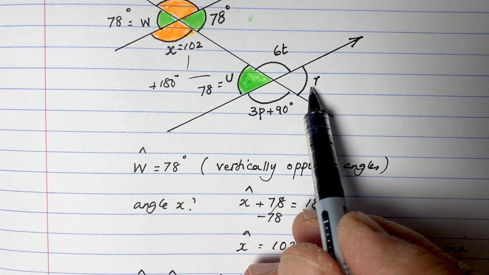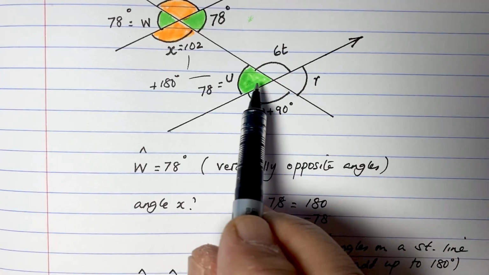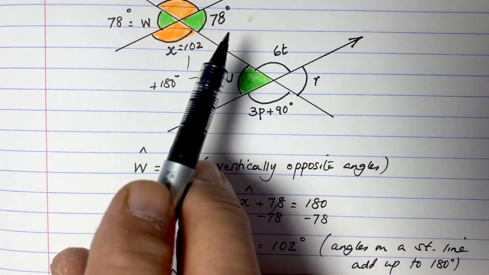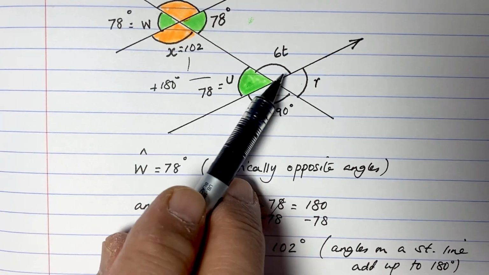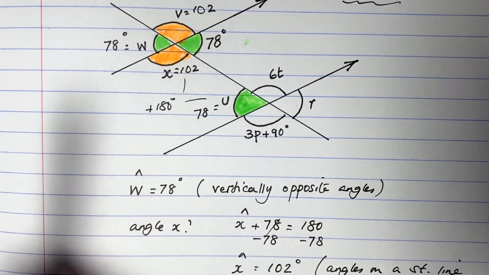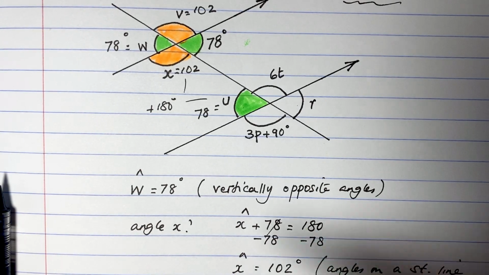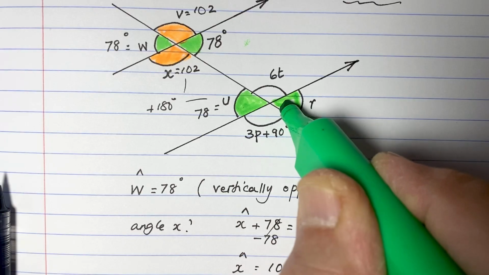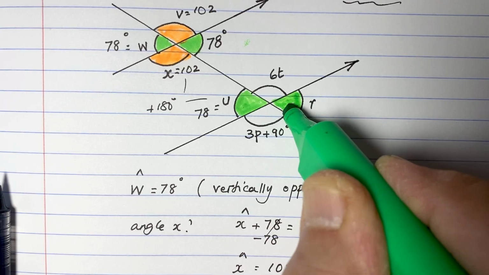What about R? R is vertically opposite to U, or R and that 78 are corresponding angles. So it's up to you. So R would be one of the small angles again, because it's acute.